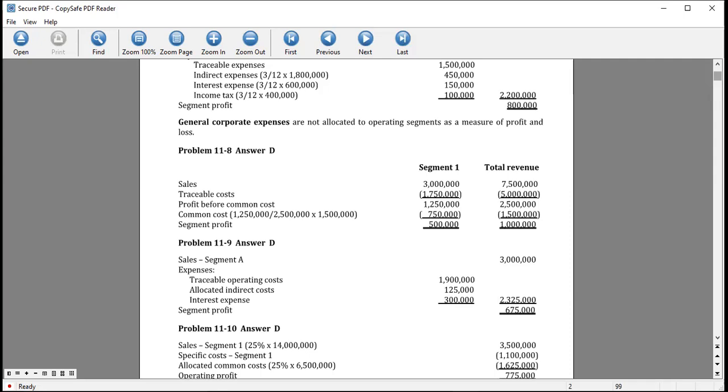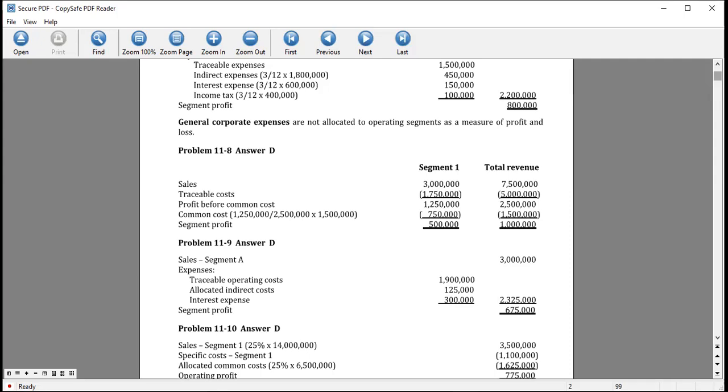So the total, we deduct it from the sales. So if we deduct the allowable items, we have segment profit equal to 675,000.